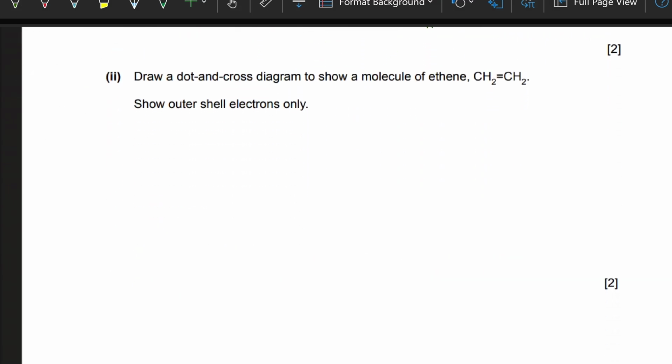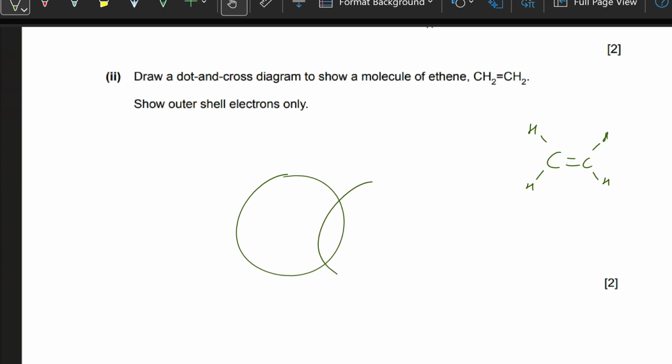Next, draw the dot and cross diagram to show the molecule of ethene, CH2 double bond CH2, show outer shell electrons only. Now, whenever there is a single bond, that means you are sharing 1 electron each. When there is a double bond, you are sharing 2 electrons each. So you draw 2 carbon atoms and 4 hydrogens.